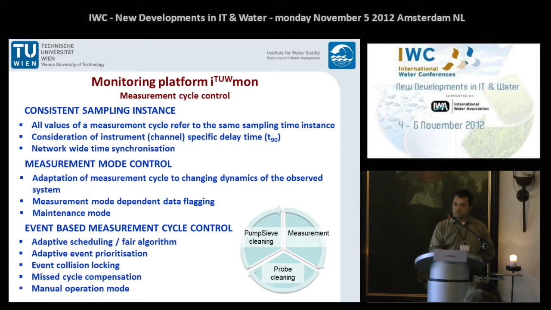We make up missed cycles, for example, if we have to speed up the measurement frequency because one event occurs, then we might postpone a cleaning cycle, but we try to catch that up at a later time if it's possible. And last but not least, we have a manual operation mode also.